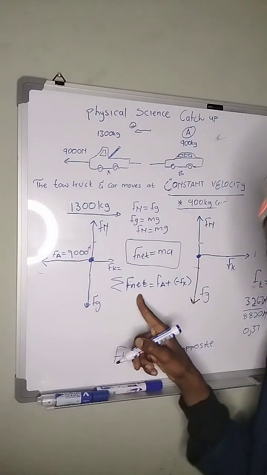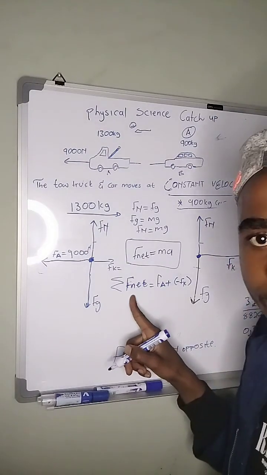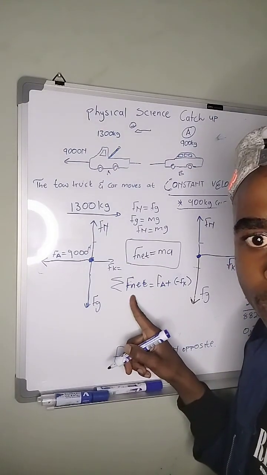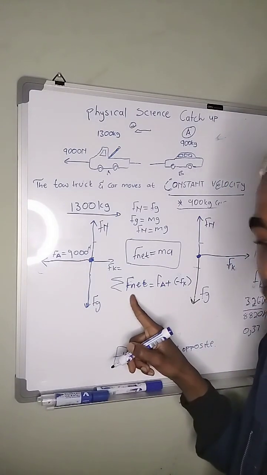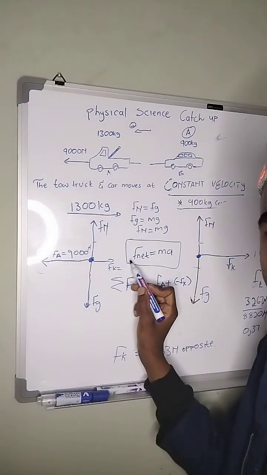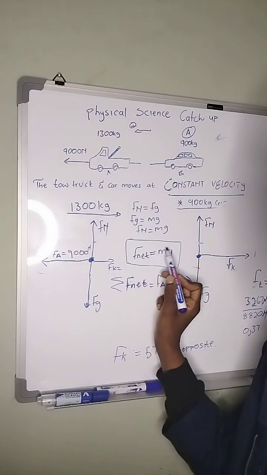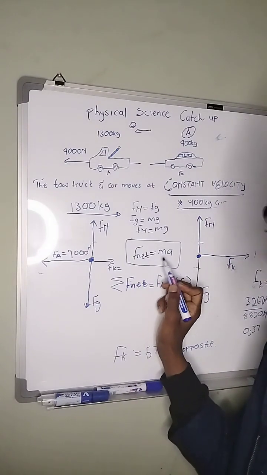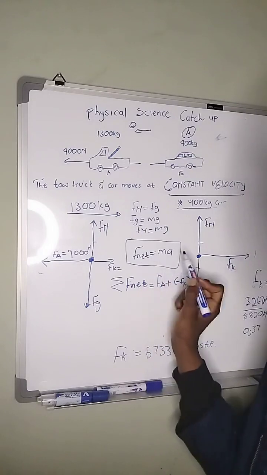So what will I substitute my F net with? F net is going to be MA.